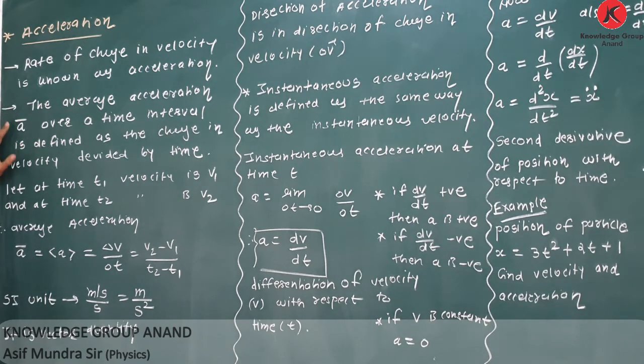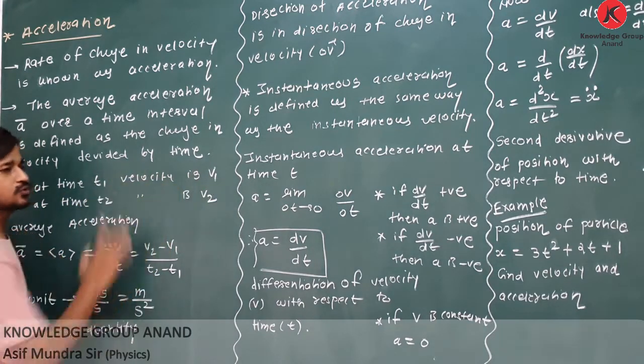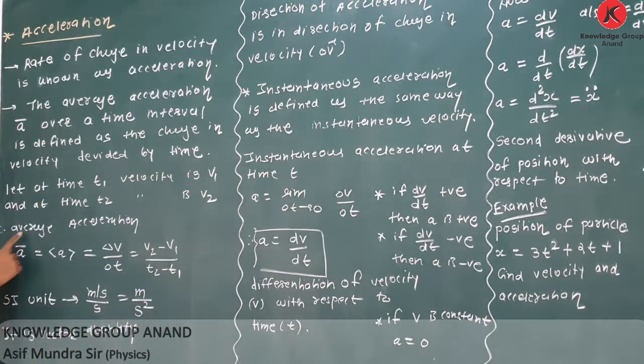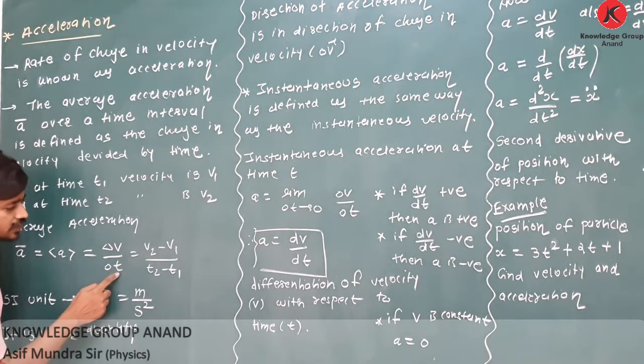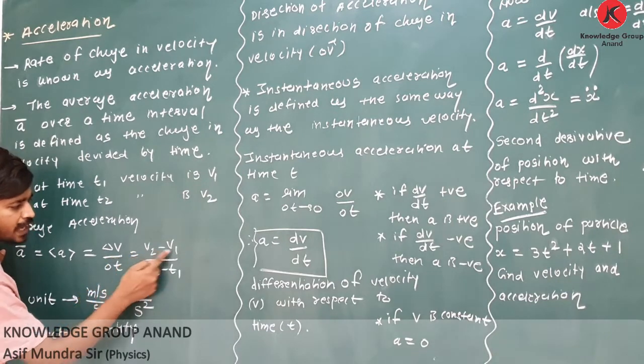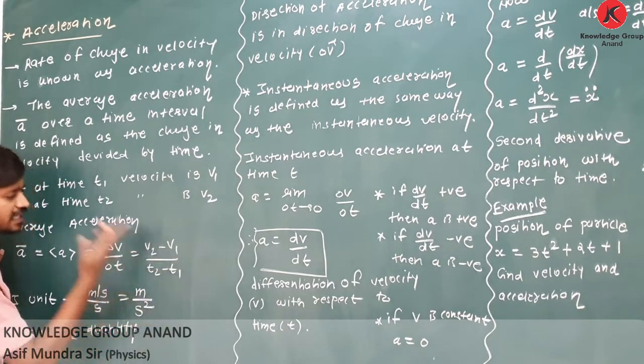The average acceleration a bar over a time interval is defined as change in velocity divided by time. For example, at time t1, velocity of object is v1, and at time t2, velocity of object is v2. Then average acceleration a bar is equal to delta v upon delta t, means v2 minus v1, final velocity minus initial velocity, upon time interval.